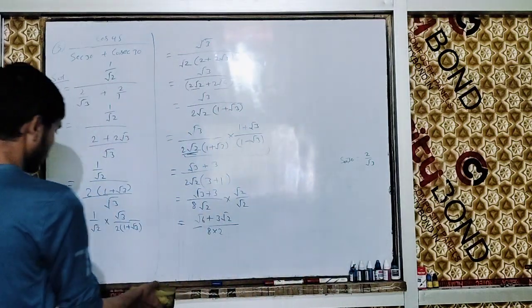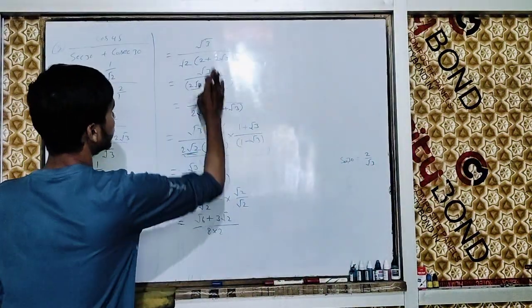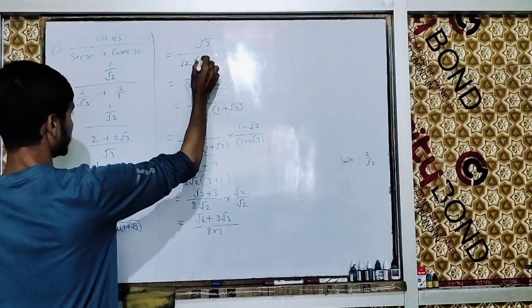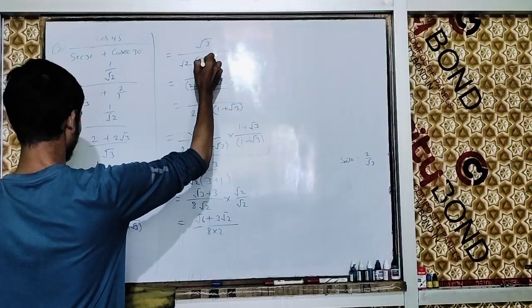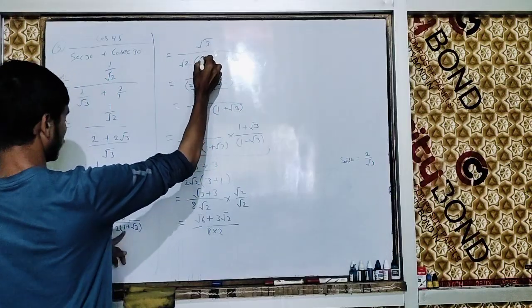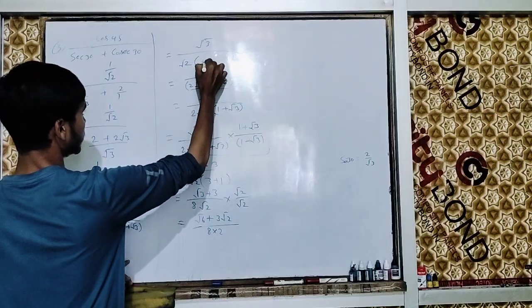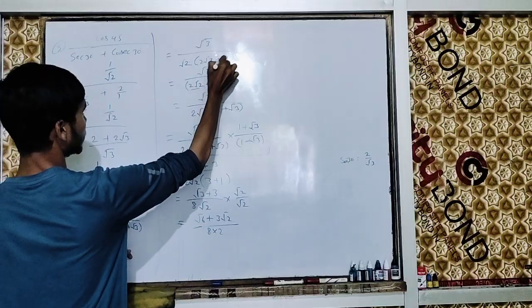Yes, yes, yes. Here you can see this root came. Two ones are two plus two root three plus one.